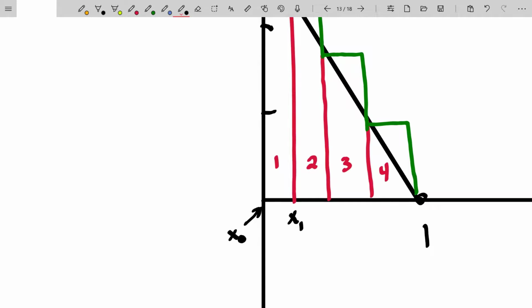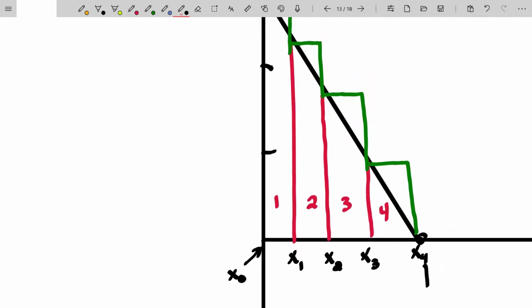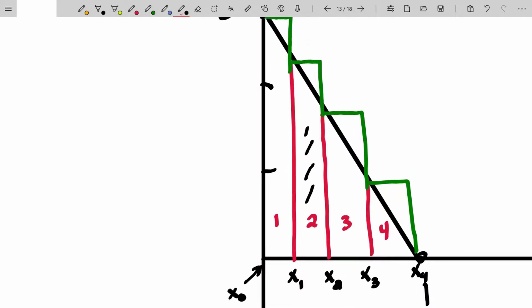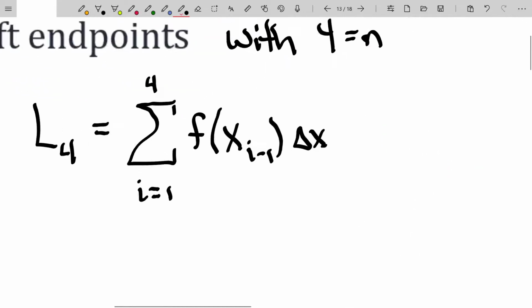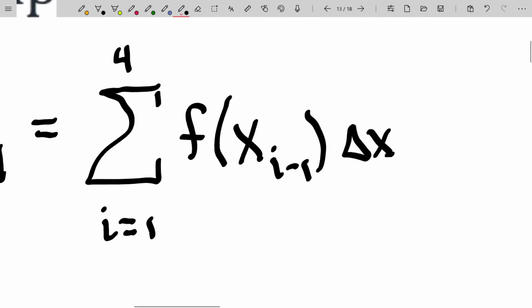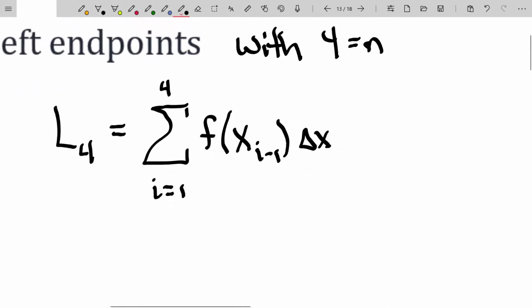This is x1, this is x2, this is x3, and this is x sub 4. Notice, even in the second slice, for example, you're using the left edge point, so you're actually evaluating the function at x sub 1 for the second slice. So when you find the heights, you're using x sub i minus 1 because you're using the left edge of each slice.